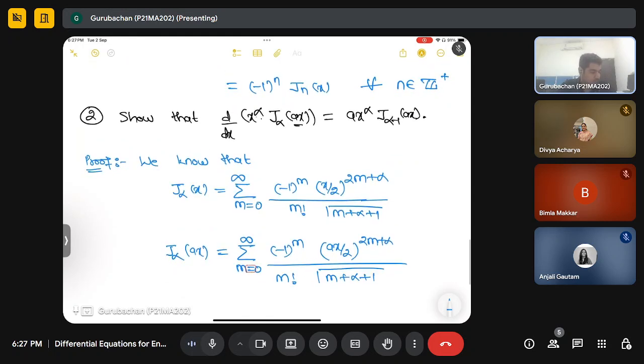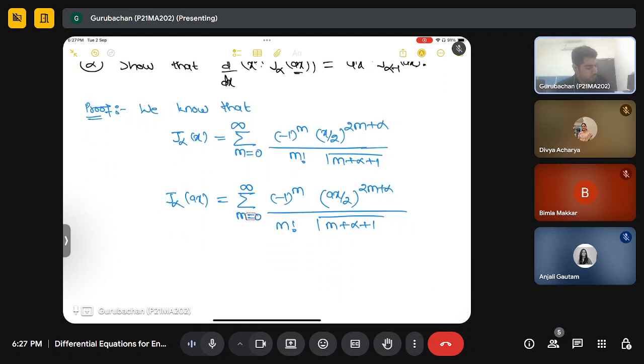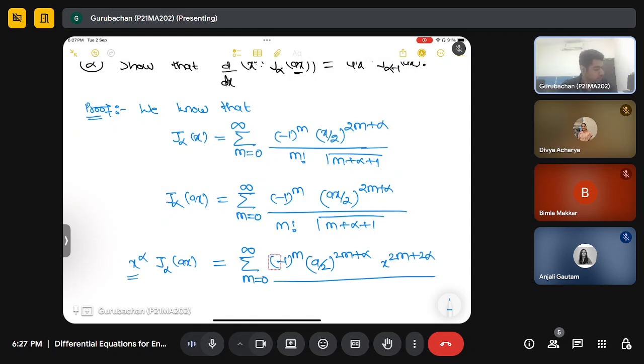So x to the power alpha J alpha ax is the sum m from 0 to infinity, minus 1 to the power m, and we write explicitly a by 2 to the power 2m plus alpha, and here we may write x to the power 2m plus 2 alpha, because one x to the power alpha will come from here, divided by m factorial gamma of m plus alpha plus 1.